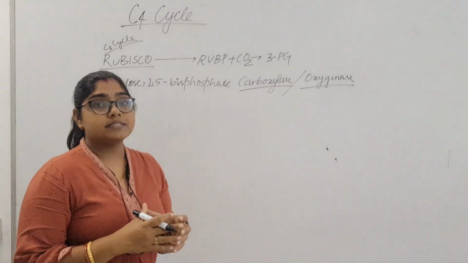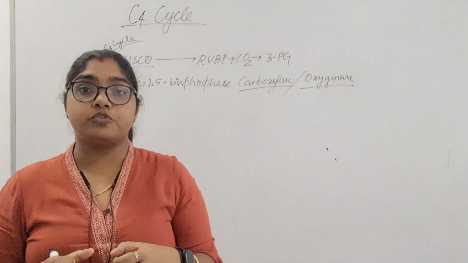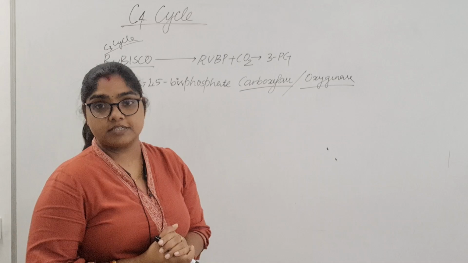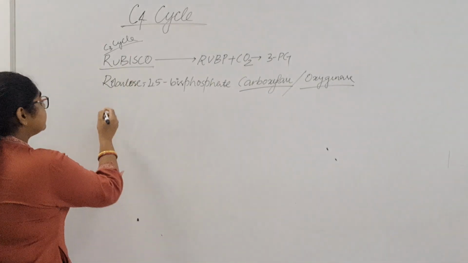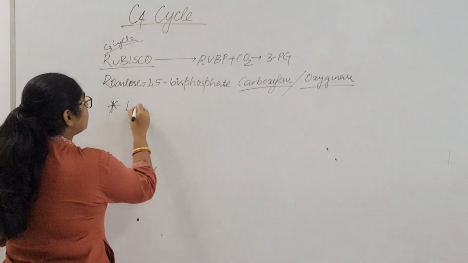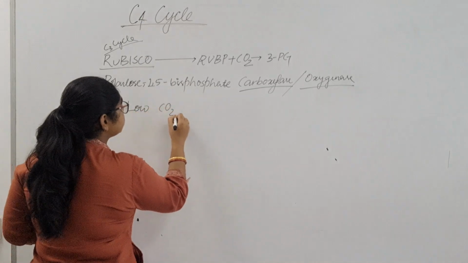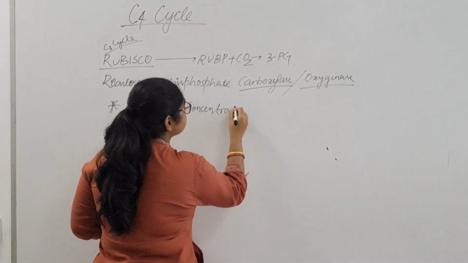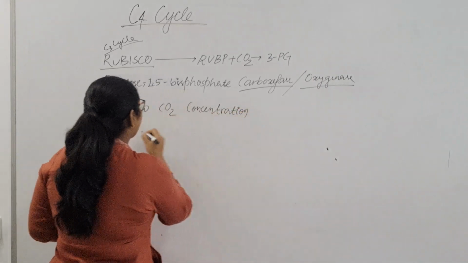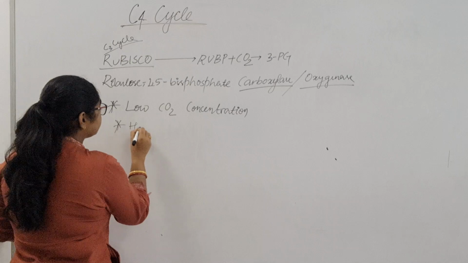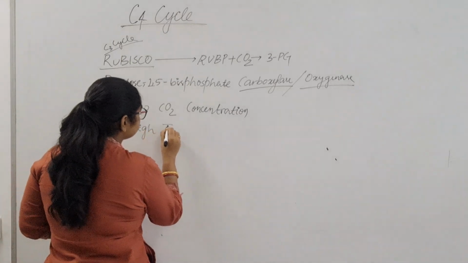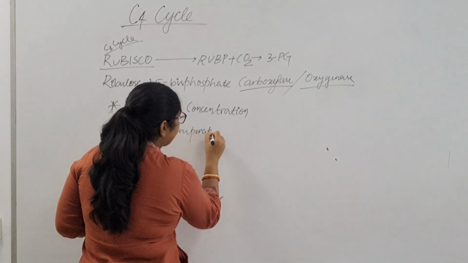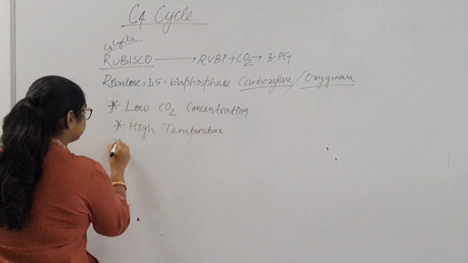So there are some conditions when RuBisCO actually messes up the whole process of photosynthesis. These factors are low carbon dioxide concentration, high temperature, and high light intensity.